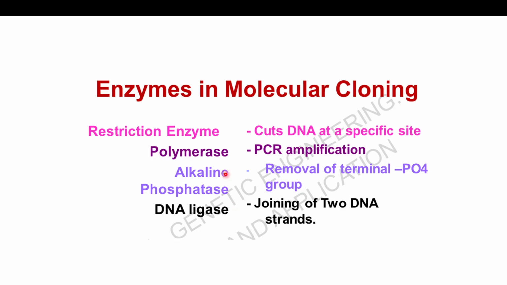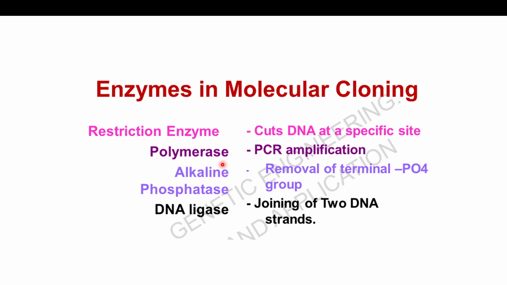In these lecture videos we will be looking at the different enzymes used in molecular cloning. These are called restriction enzymes or restriction endonucleases, which cut DNA sequence at specific sites. Then there's polymerase.